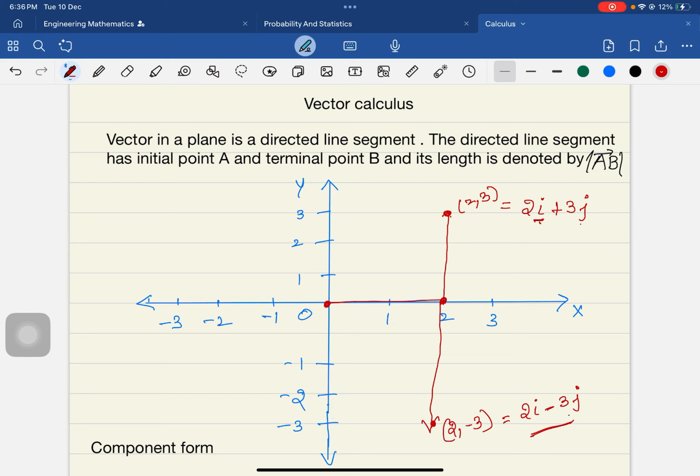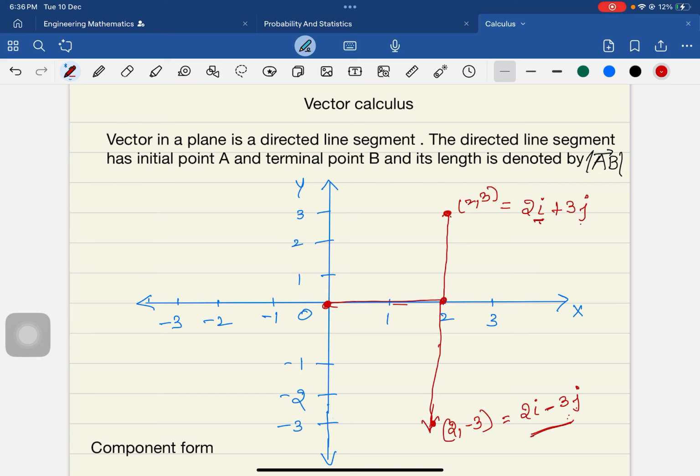This shows the direction: 2 units towards the x-axis from the origin, and minus 3 units towards the y-axis. That means you are going in the reverse direction towards the y-axis. So this is the fundamental idea of the vector quantity.